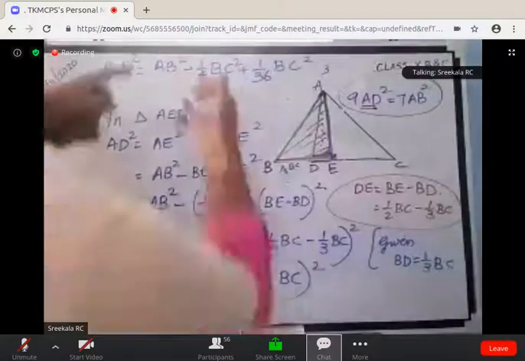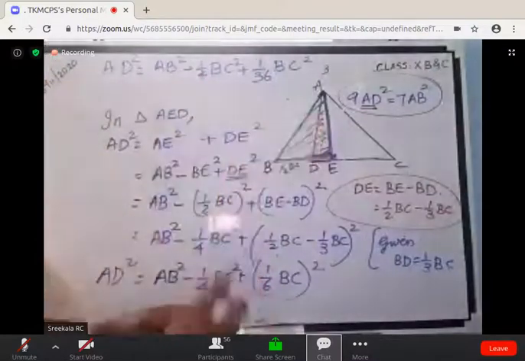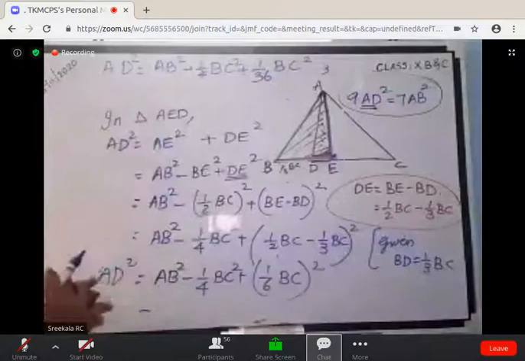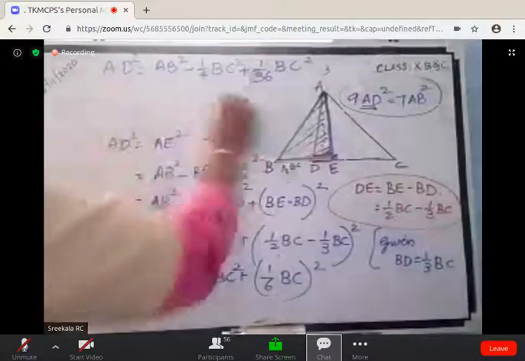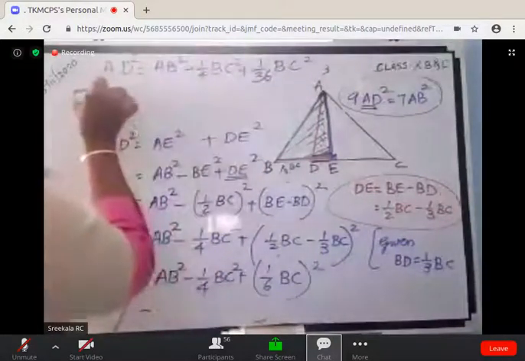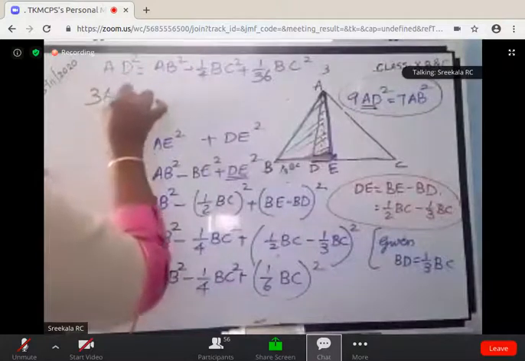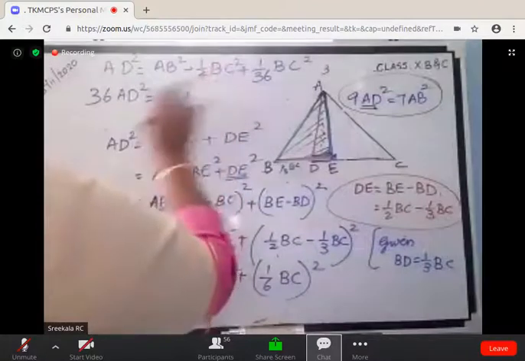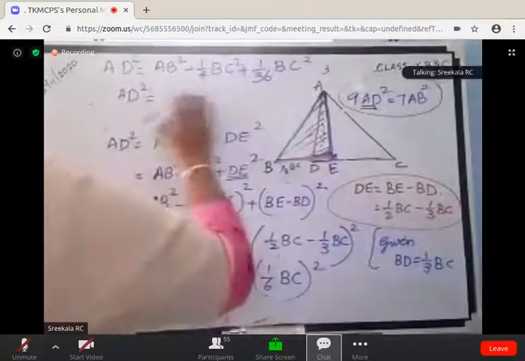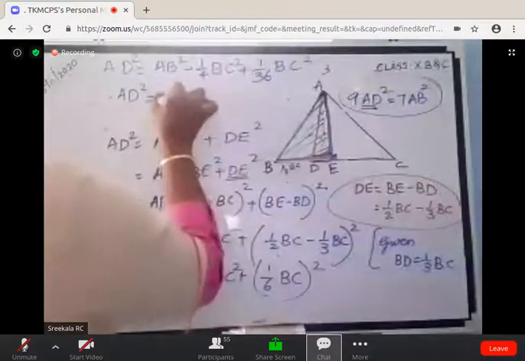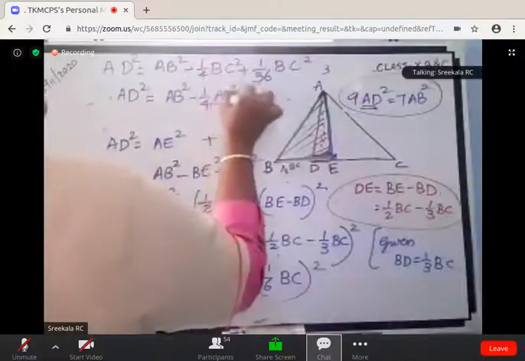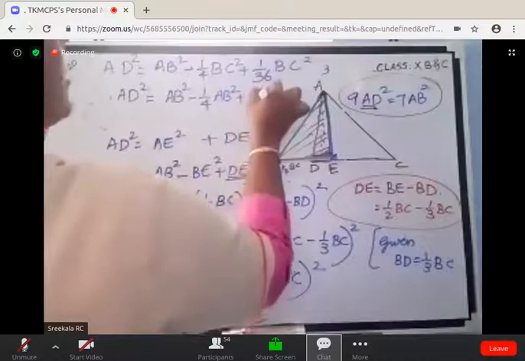Then multiply the whole by 36. Before that, you have to convert all this into AB: AB square minus 1 by 4 AB square plus 1 by 36 AB square.